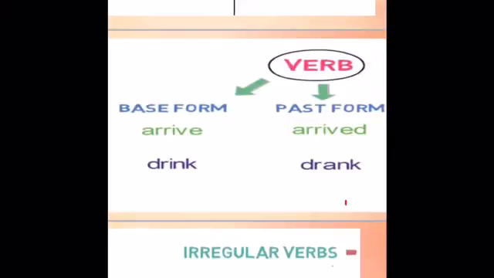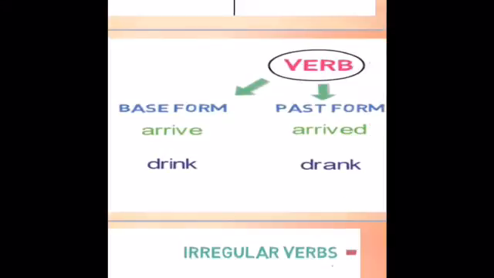Arrive, this is the base form in present simple. So how can I change arrive into the past form? Arrived. I am adding ed at the end. That means this is a regular verb.